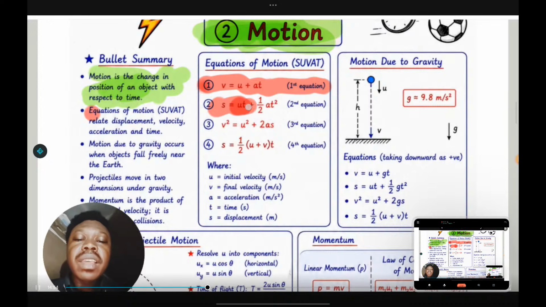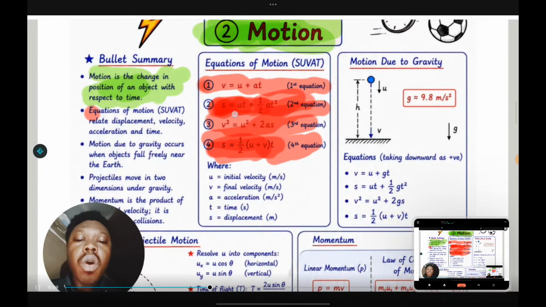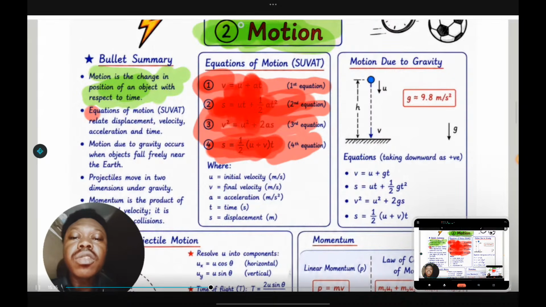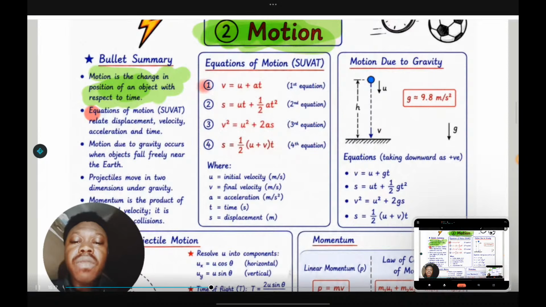Equation 2, if you are given time and you are looking for distance, you can use equation 2 or you can use equation 3 to do that. And then we have this equation also that you can use as the fourth equation under motion. But this one, you can also get by the combination of any two of these. Please take note of that.